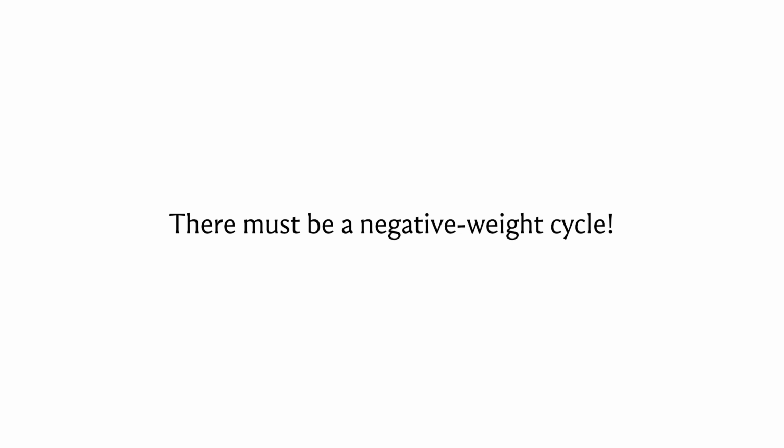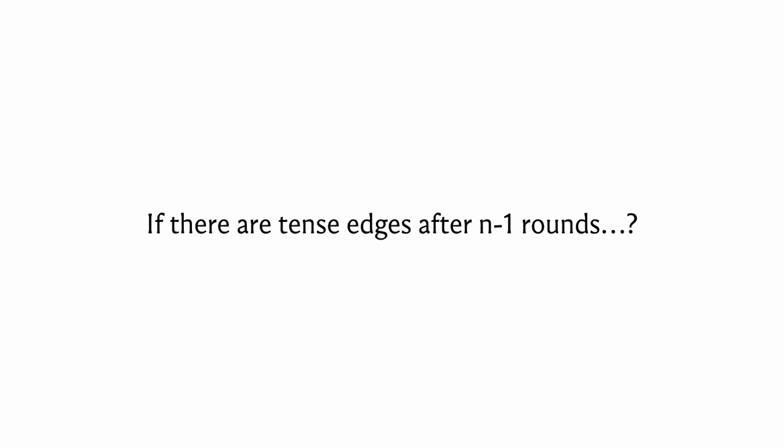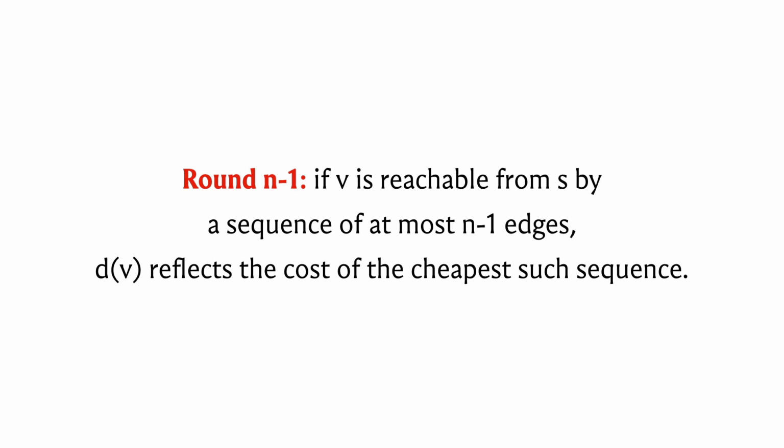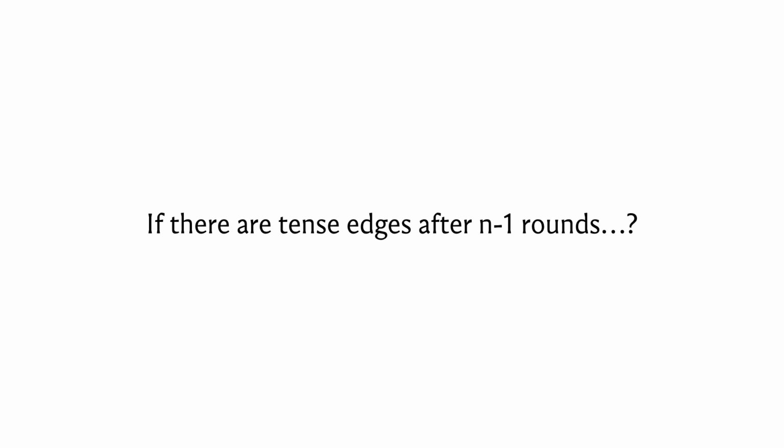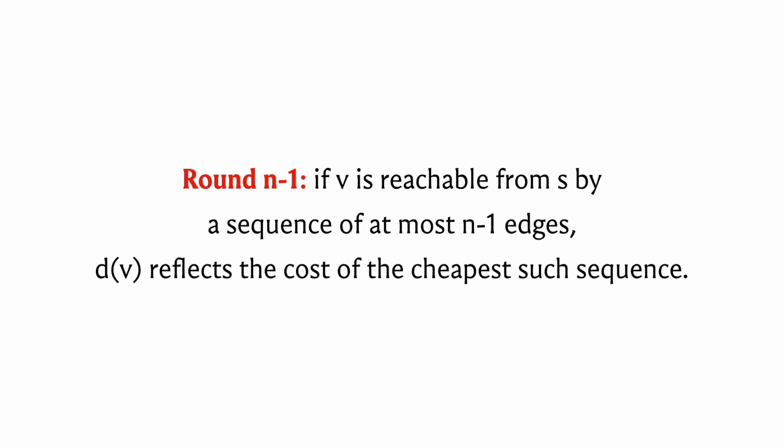So if your graph did not have any negative weight cycles, then because of the claim that we made here, at the end of n-1 rounds, we would have in fact correctly computed all the shortest paths already, and since all shortest paths have been computed, no remaining edge should be tense anymore, because there's nothing to improve on.